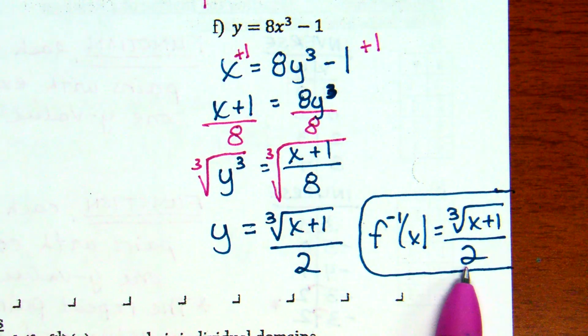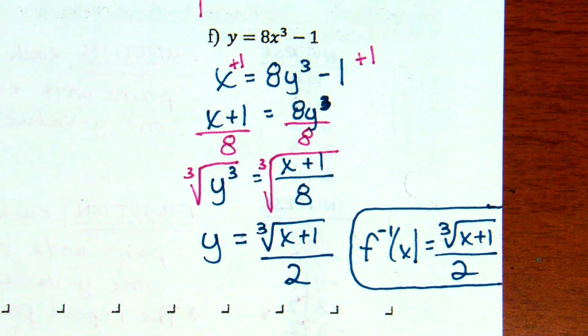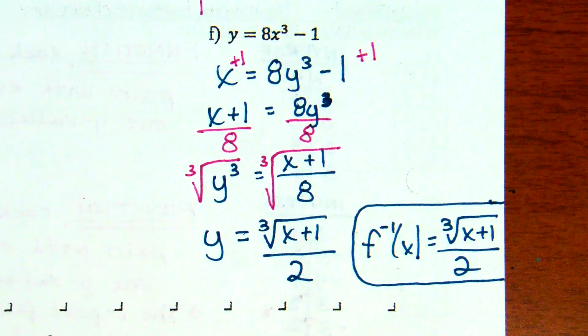Now, I did just realize, in talking there at the end, something I forgot to mention as we were solving. We took the cube root of both sides. Obviously, we did not need to put a plus or minus. Why did I not put a plus or minus?